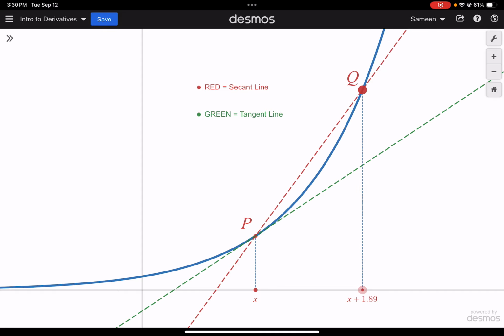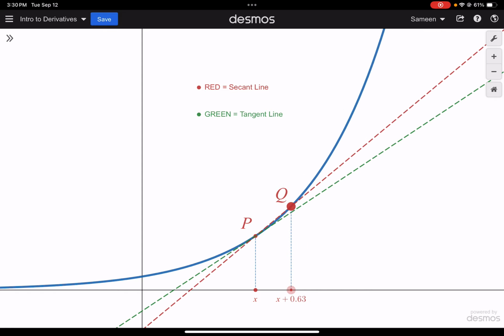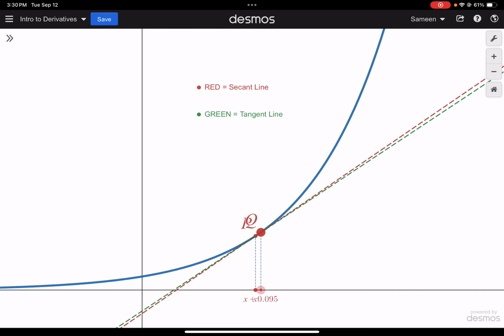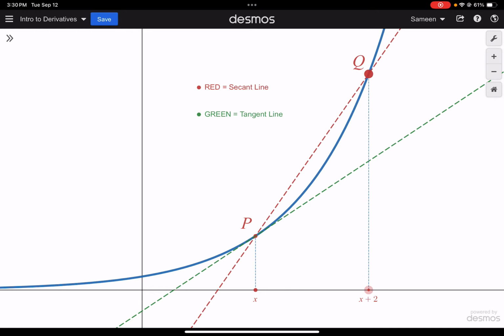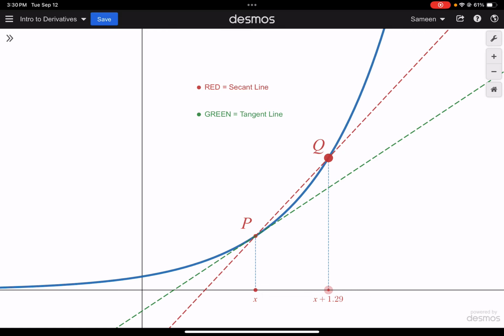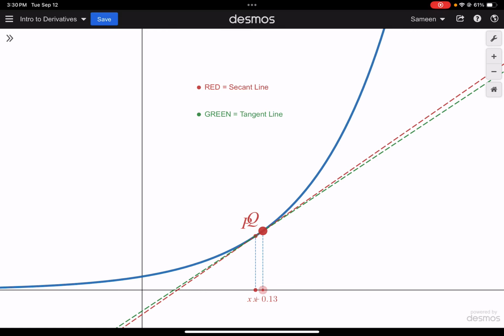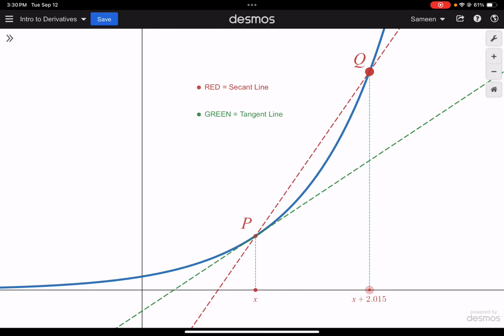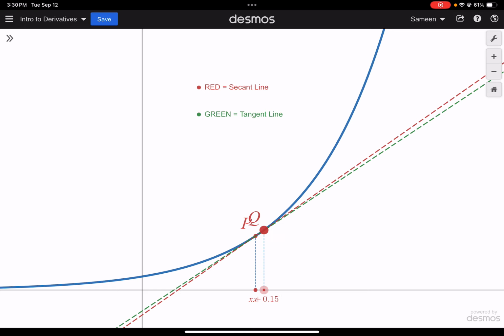So the closer Q gets to P, the closer the secant line gets to the tangent line. Or we can say it using some of the vocabulary we started using last unit: as Q approaches P, the secant line approaches the tangent line.